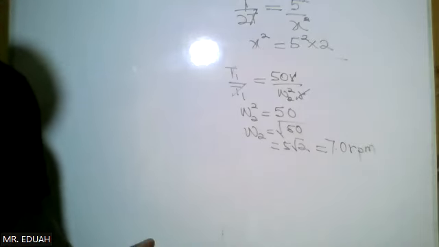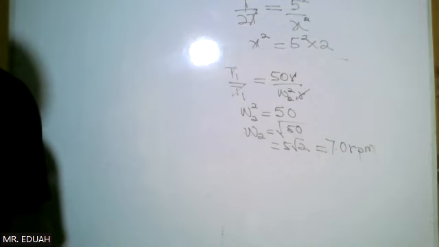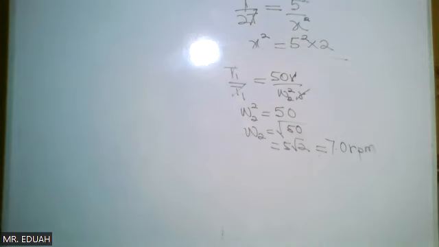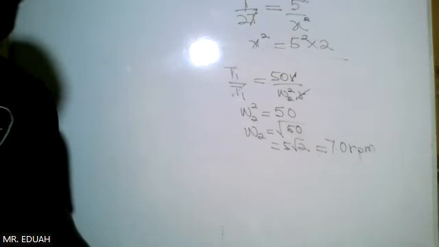A string breaks if its tension exceeds 10 Newton. So the maximum tension is supposed to be 10 Newton.